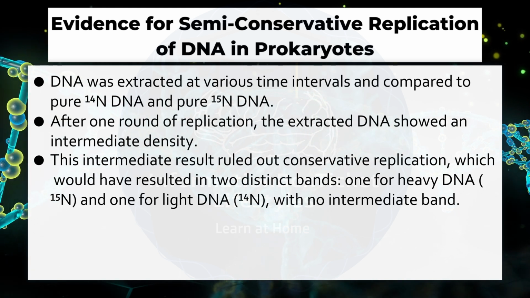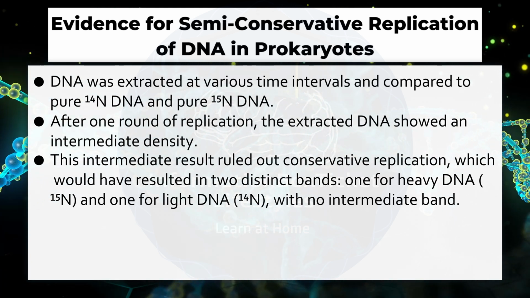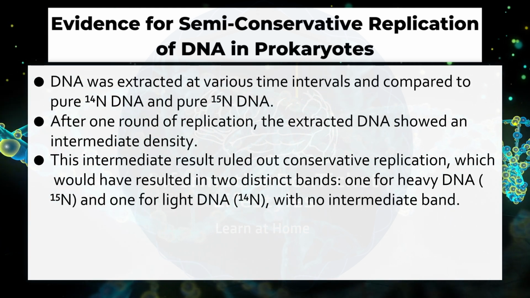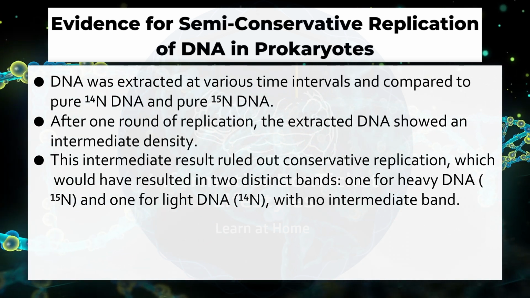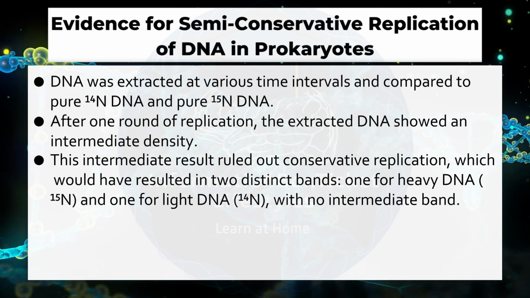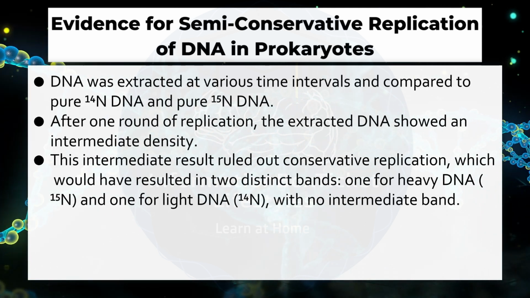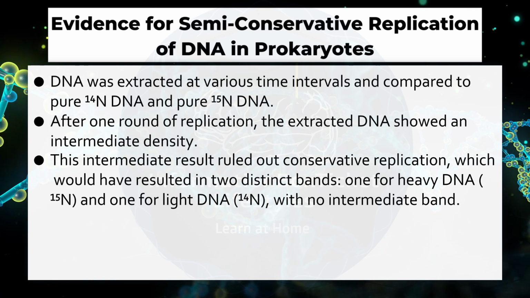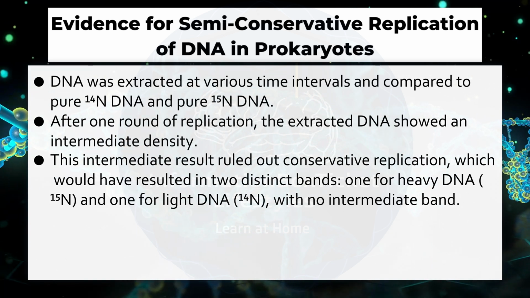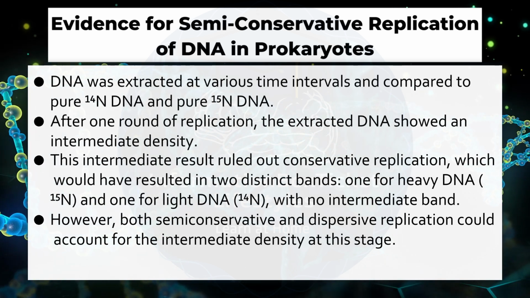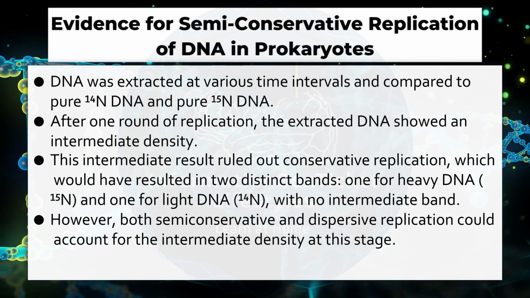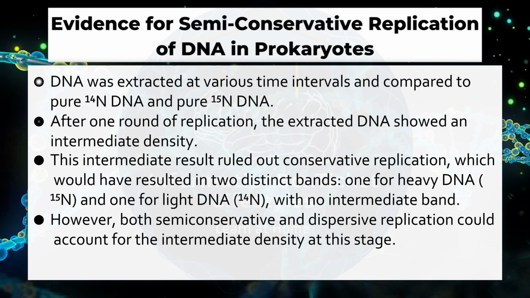This intermediate result ruled out conservative replication, which would have resulted in two distinct bands, one for heavy DNA, 15N, and one for light DNA, 14N, with no intermediate band. However, both semiconservative and dispersive replication could account for the intermediate density at this stage.